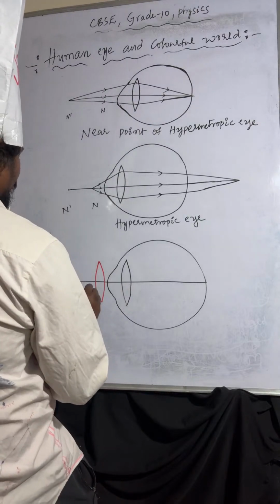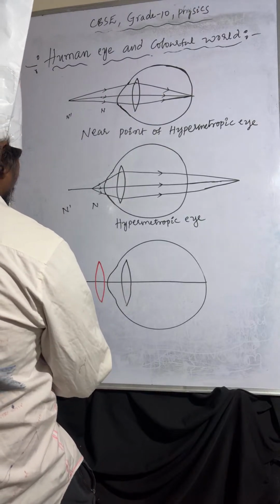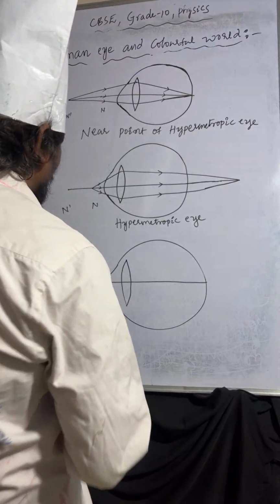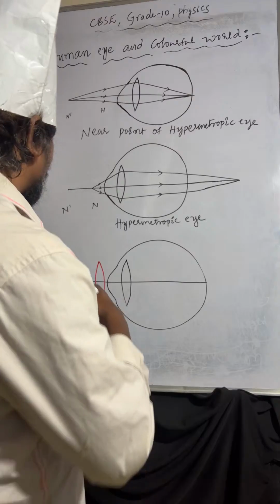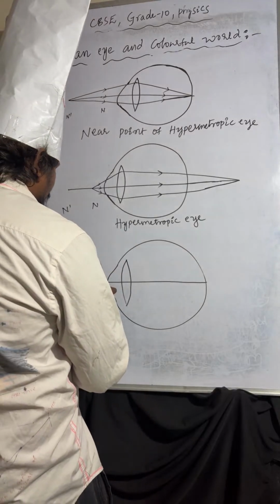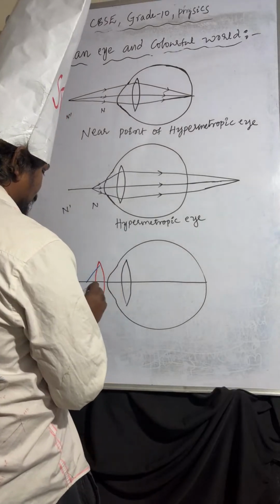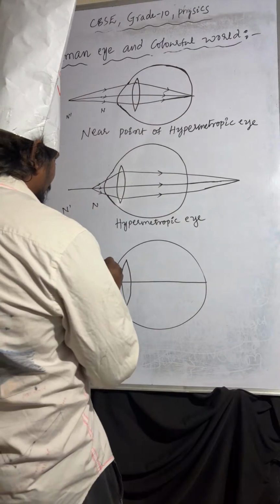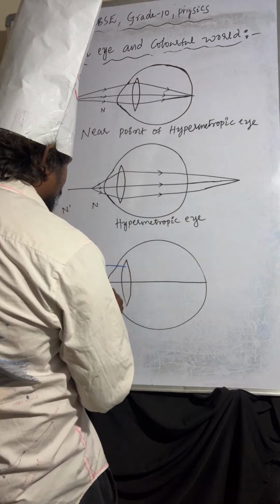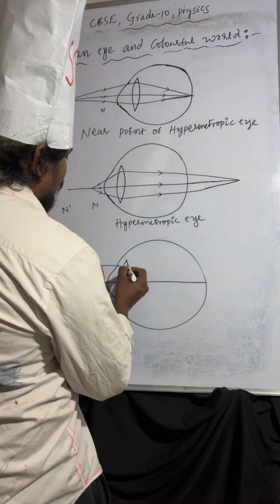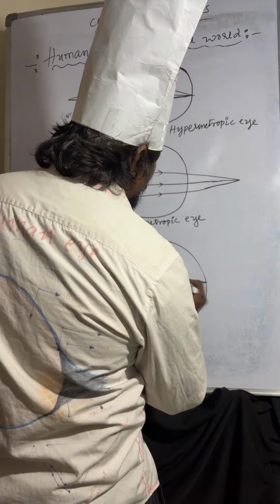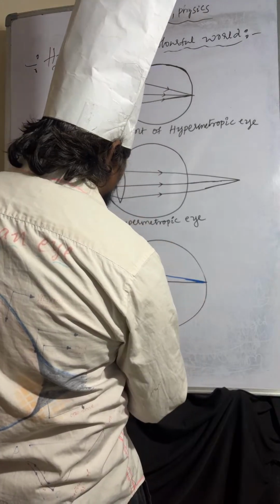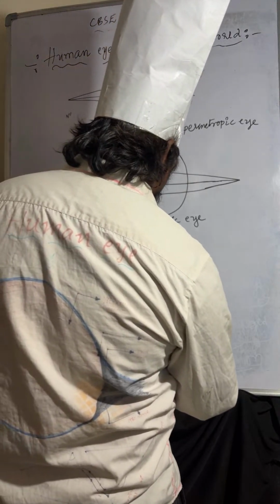This is a near point, and this is N dash. From N only light rays are coming, and those light rays will meet at the retina. Convex lens, and those light rays will meet here.